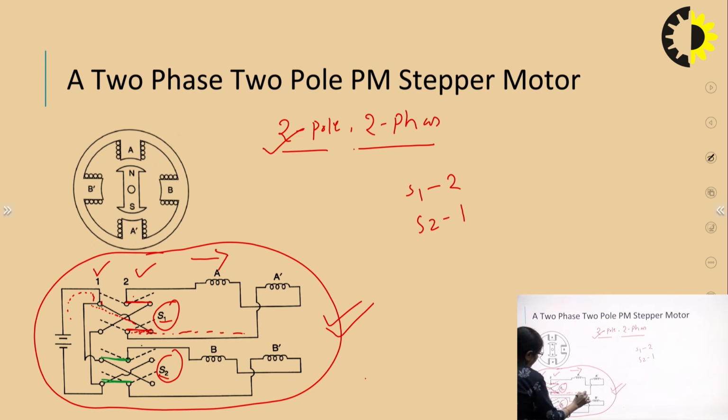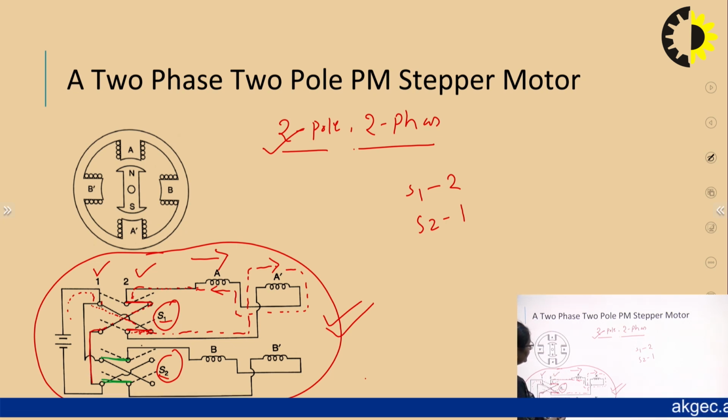Then it is here. And then it is here. Then current in A like this. Then coming back here, going here, and this is going to be the negative terminal of the supply. So what it implies? It implies that the direction of current in phase A is negative, right?